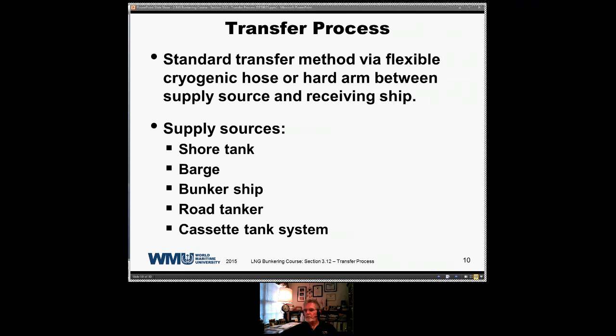Your other supply sources could be a barge, a bunker ship, a tanker truck, or the use of the cassette tank system. That's the stacking of those C-type container systems where the containers are locked in and contain a vessel that holds the LNG under pressure.